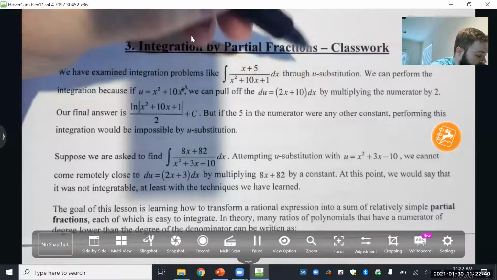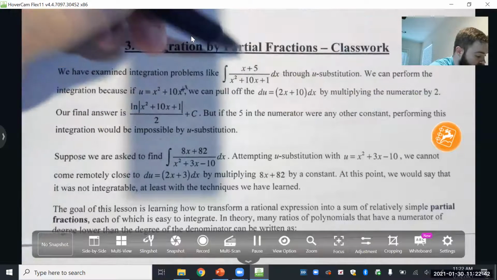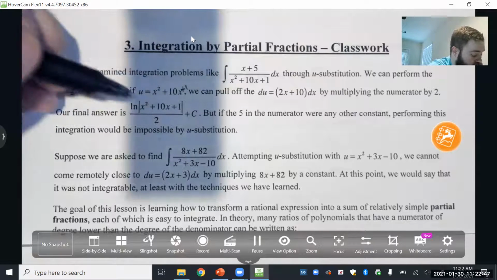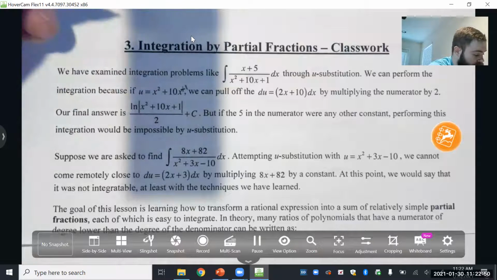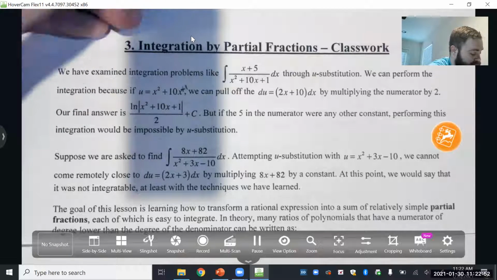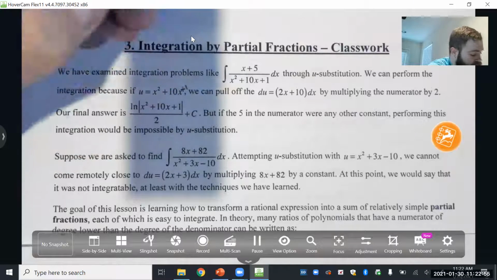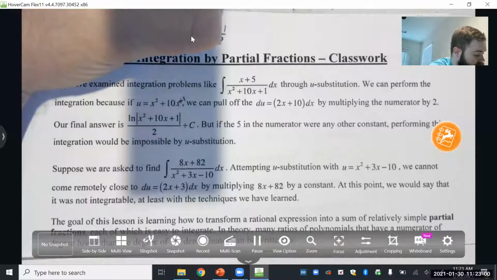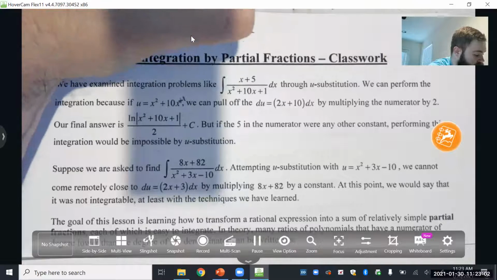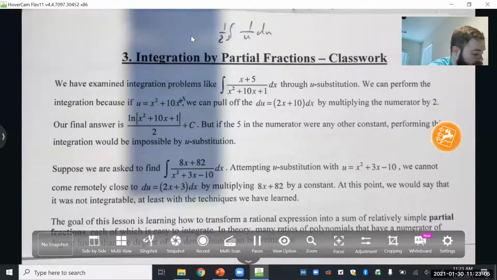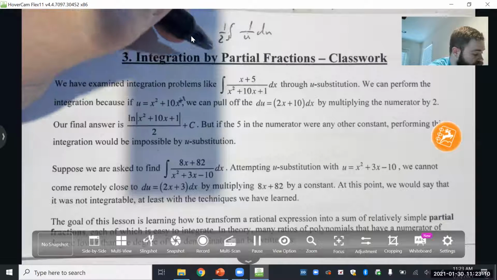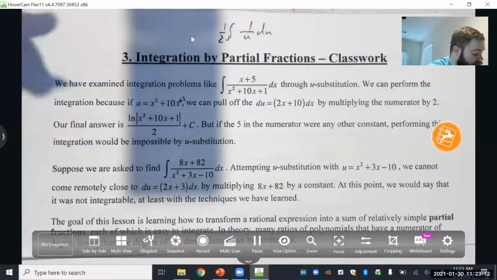If you just multiply the numerator by 2, or really divide this du by 2, then it would work out to being 1/2 integral of 1 over u du. And then the integral of 1 over u du is natural log of the absolute value of u. So 1/2 natural log of the absolute value of the denominator. And so that one's not bad.